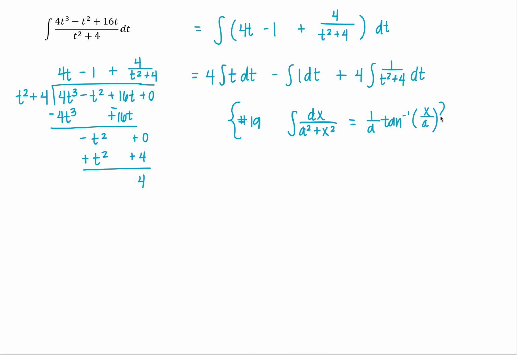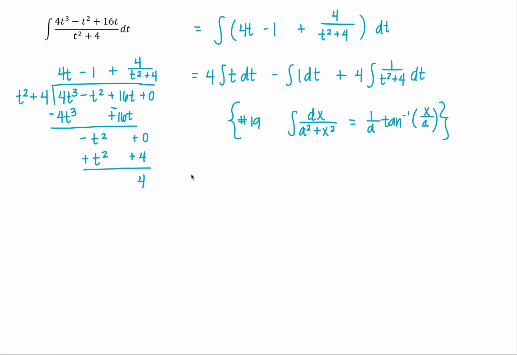So let me just kind of separate this off. So it's like a little side note here. That's what we're going to use here for this third one. Obviously, we have a t instead of an x, but otherwise it's very straightforward application of this. And in our case, the a is going to be 2, 2 squared being 4.